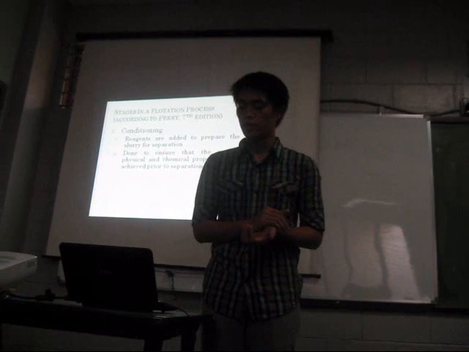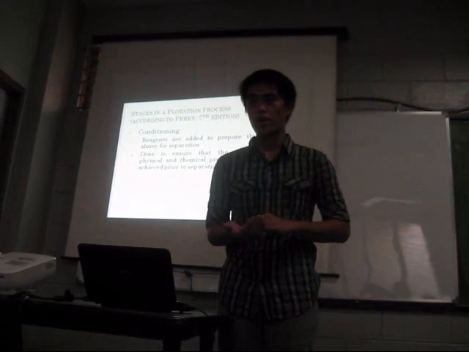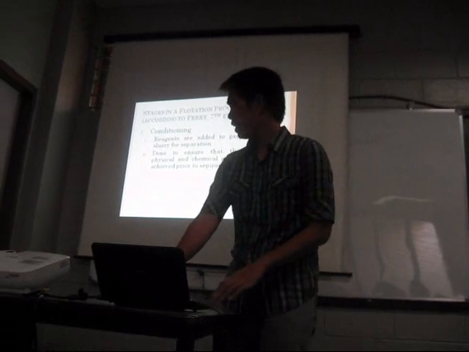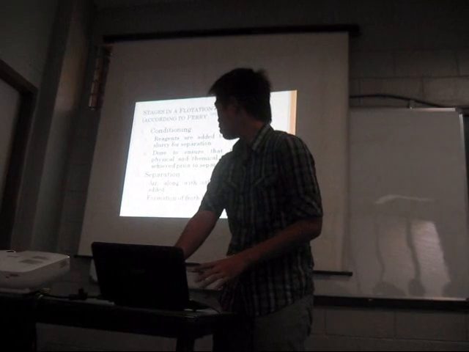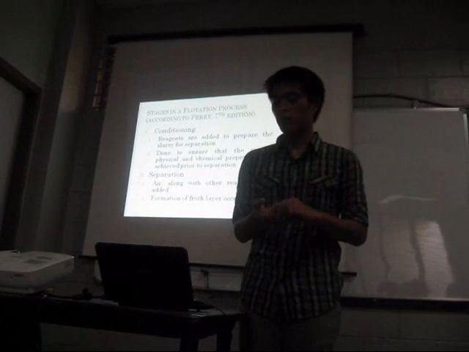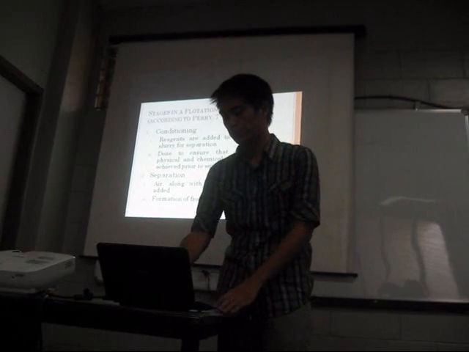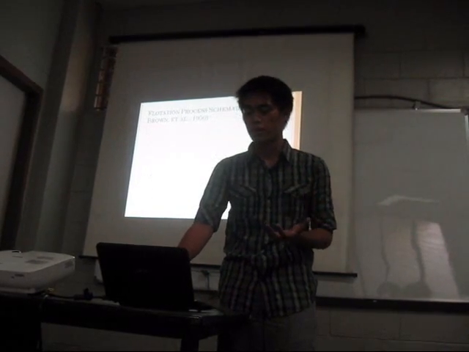It is done to ensure that the proper physical and chemical characteristics are achieved prior to separation. The next stage is separation. In separation, air along with the other reagents are added and the formation of the froth layer occurs. So that was Perry's definition of a basic flotation process.